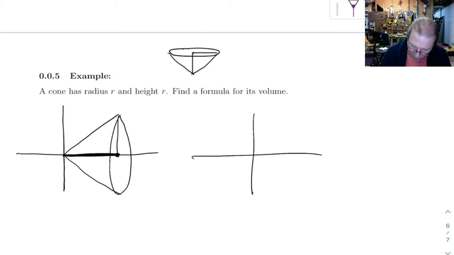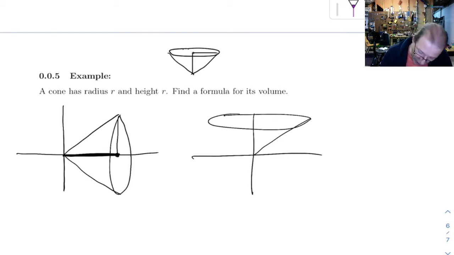You could also rotate it around the y-axis, the same curve. Well, it's not a curve, it's a straight line, but rotate it around the y-axis and get the same thing. So in both of these, we're using the function y equals x, and we can rotate it around to either one. Either would work. I'm going to use the first one.